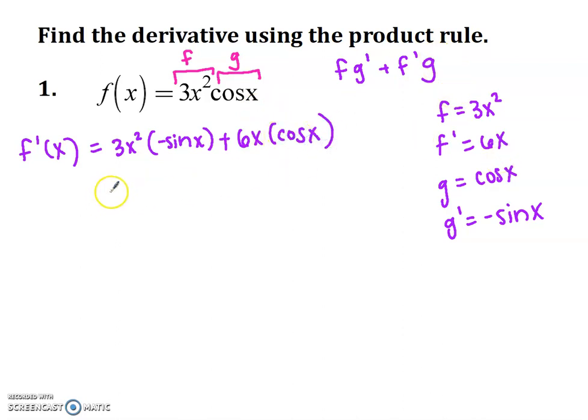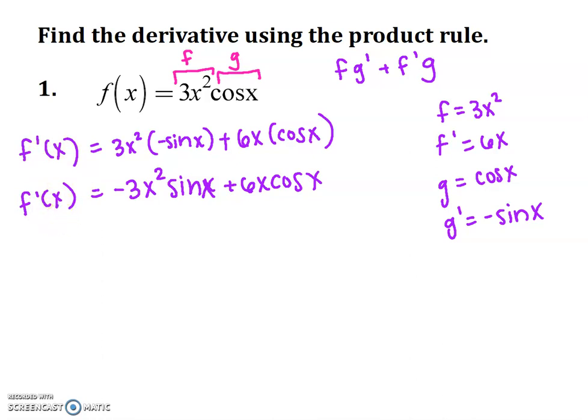And then all we do from here is just simplify. So we have 3x squared times negative sine of x, so that'll be negative 3x squared sine. You always want to multiply the coefficients, and always put the regular x first, the trig part second. And then this second part would be 6x cosine of x.